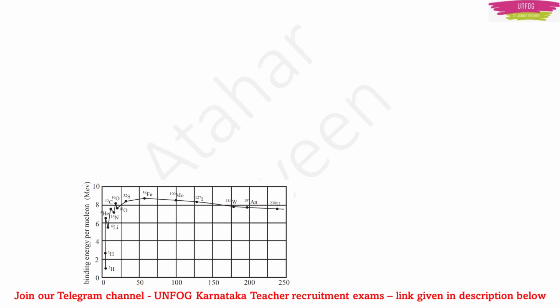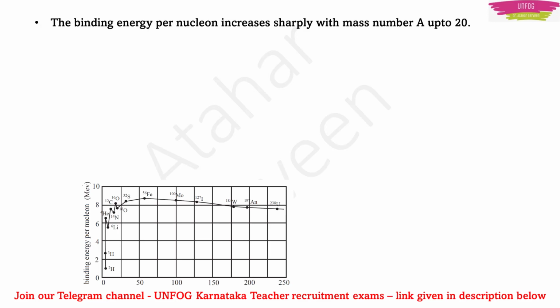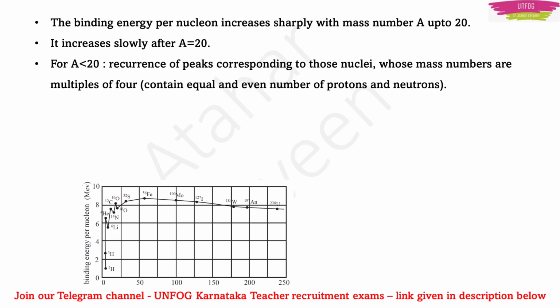Now, what are the observations based on this graph? Firstly, the binding energy per nucleon will increase sharply with mass number up to 20. This I already told you, right? Next, after mass number 20, it will increase slowly. Then you can see some recurrence of peaks. Not for all atoms is it increasing; for a few mass numbers it is increasing.